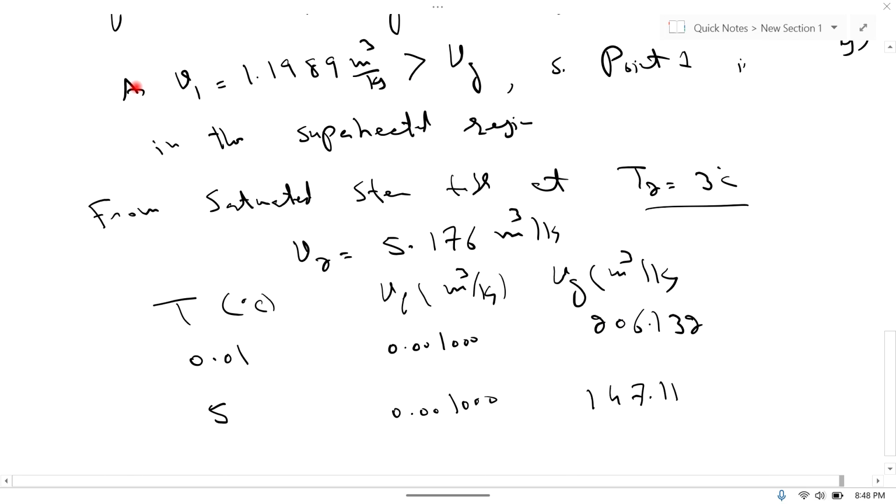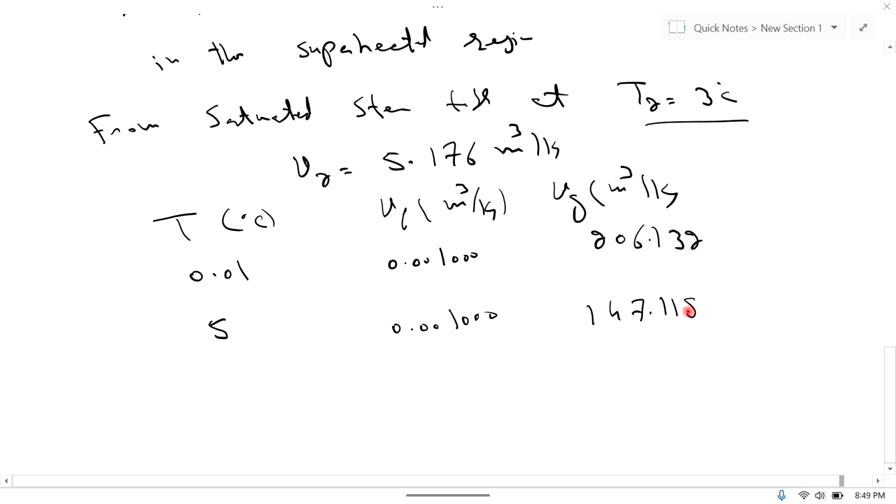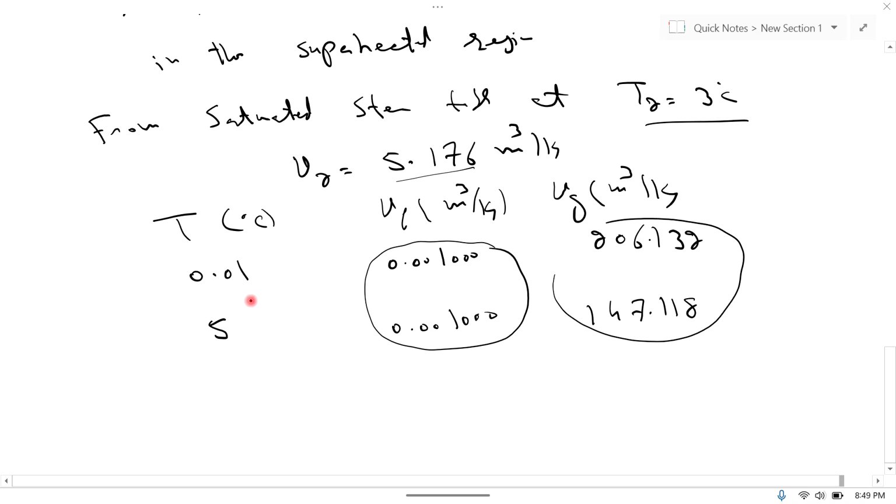So if we check V2, V2 is greater than these Vf values and smaller than these values. If we interpolate at 3 degrees centigrade, V2 will be between these two values. But it is clear, no need of interpolation, because V2 is greater than these values and less than these values.